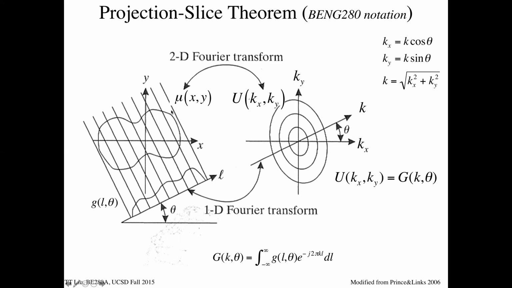We can still call this g, because it's the line integrals through mu xy that give us g. The Fourier transform of the underlying truth mu xy is capital U kx ky. And these are spatial frequencies, which are cycles per millimeter, whereas these are spatial coordinates, millimeters, right?